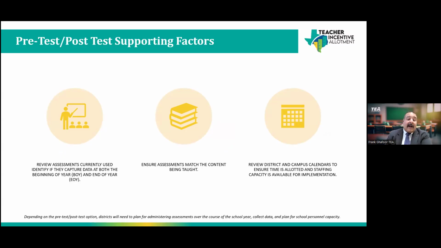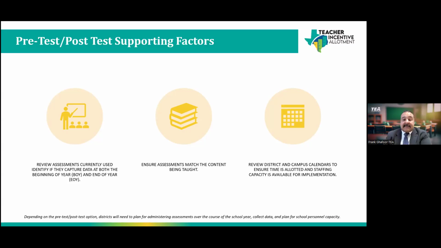When we talk about some steps districts can take right now, and what that could look like with implementation, we would say right now, start reviewing your currently used assessments and identify if they capture both beginning-of-year and end-of-year data. We want districts to have conversations with their vendors or their test writers to ensure the assessments match the content being taught in the class. Lastly, another big one is that the district needs to review their calendars.